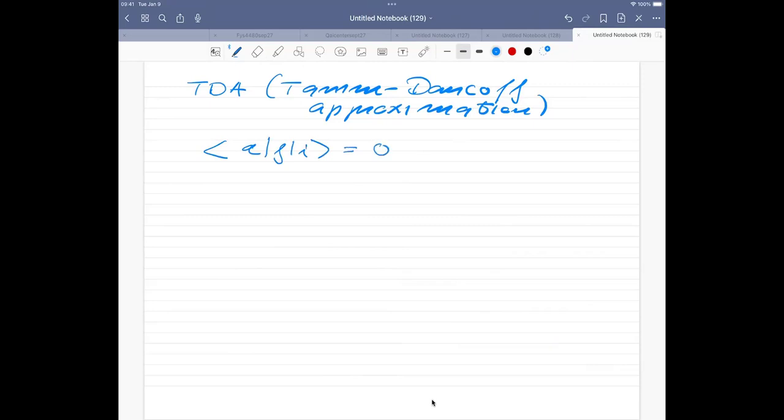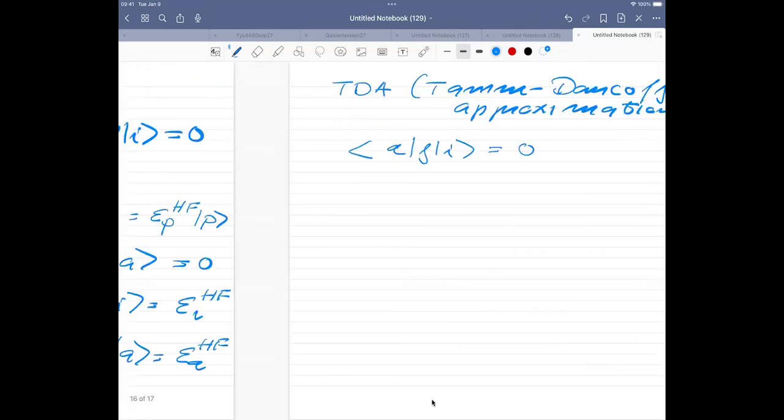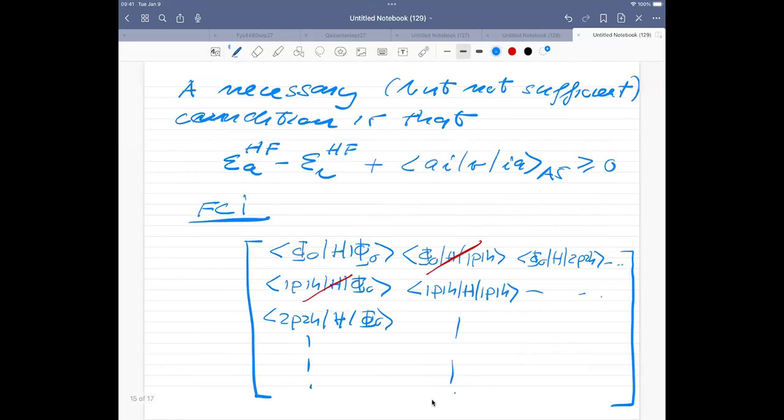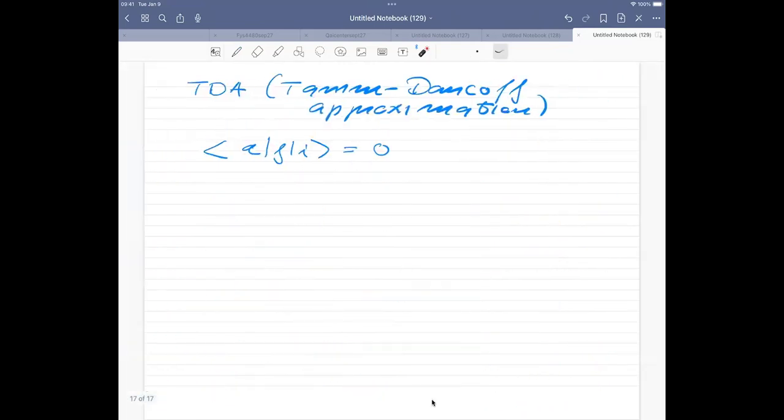Now, when we go back to the FCI equations, you may remember from some 2 or 3 weeks ago that we looked at the equations for FCI. Instead of a diagonalization approach, we multiplied from the left with phi 0, and then we got an expression for the reference energy. So let me quickly set this up.